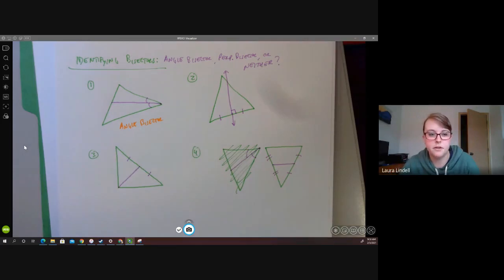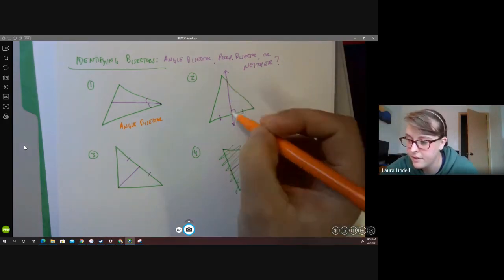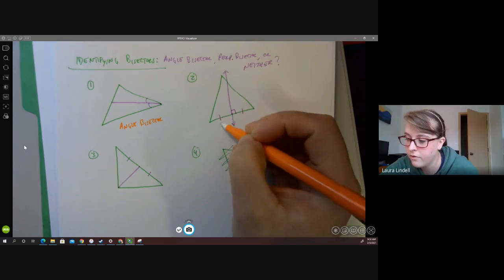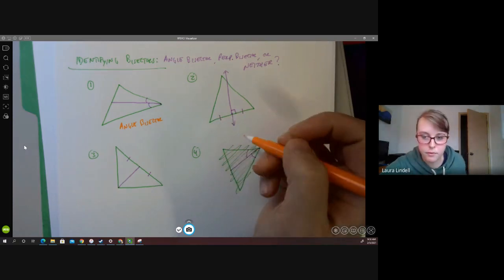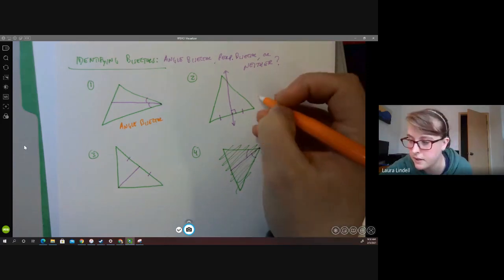Could it be a perpendicular bisector? Perhaps. Yeah, I think so too. Because it's a line, it's cutting a segment in half, and it's perpendicular to the segment. This meets all the requirements for perpendicular bisector.